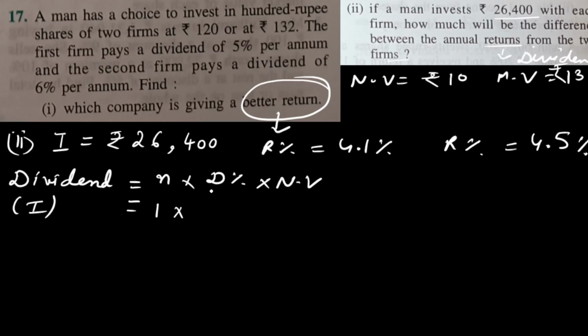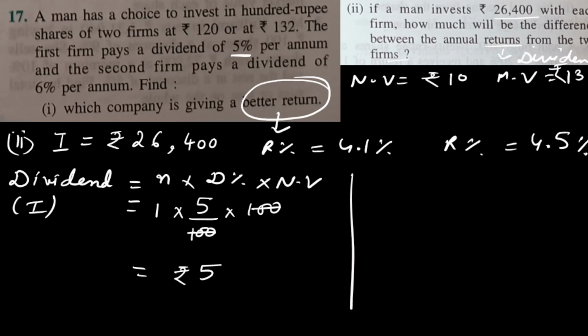So 1 into dividend percent. What is the dividend percent? For first one, it's mentioned 5%. So it's given for both. For both the firms, it's given to us how much dividend is given. So 5 by 100 into nominal value is 100. So this is equals to rupees 5.